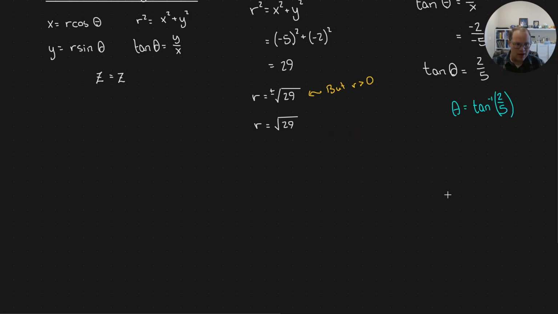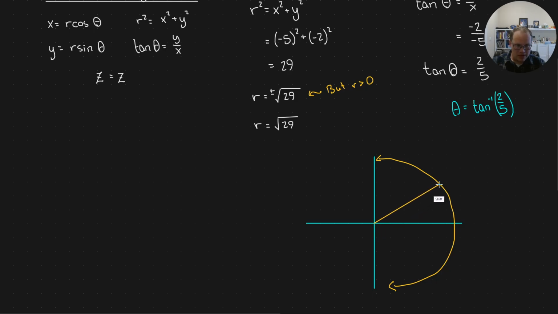Okay, let me draw that down here actually a little bigger. Okay, so since arctangent only spits out angles in this half of the plane, based on what we're plugging in, 2 over 5, that is a positive number, so it's going to spit us out an angle here where the opposite is 2 and the adjacent is 5. Okay? That's not the theta we want, though.